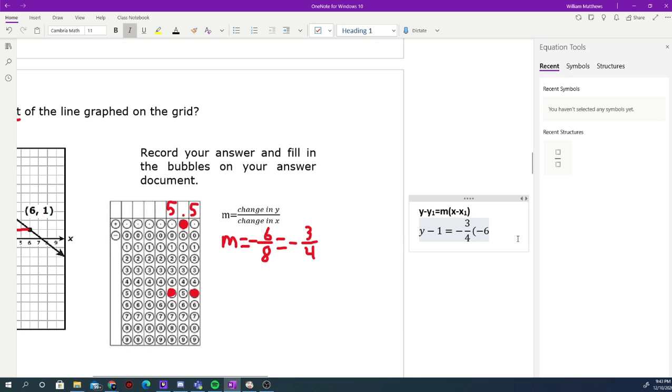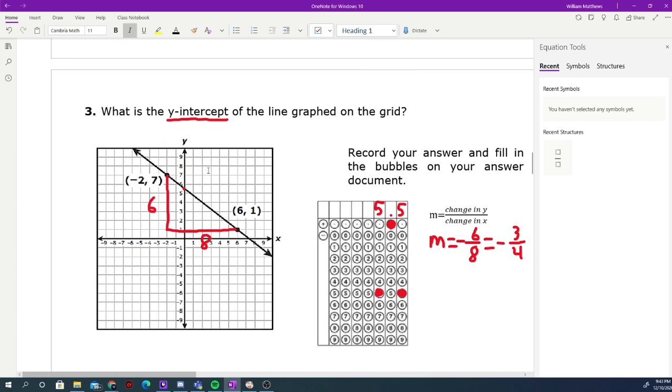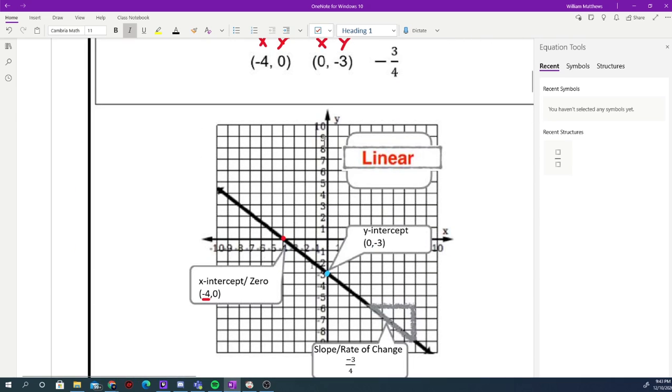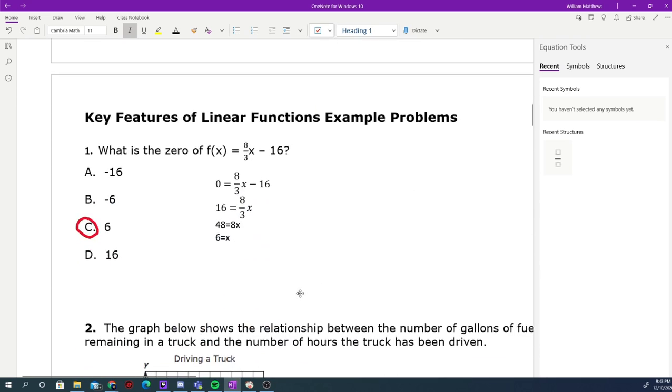I need the parentheses here. Slope times x minus 6. Now, since we're looking for the y-intercept, if we go back up here, we can see that a y-intercept is when our x value is 0.